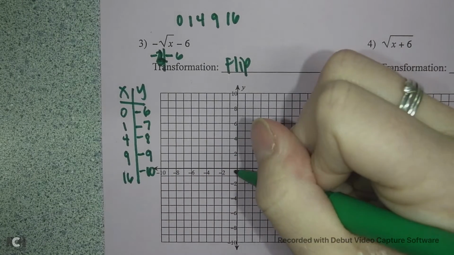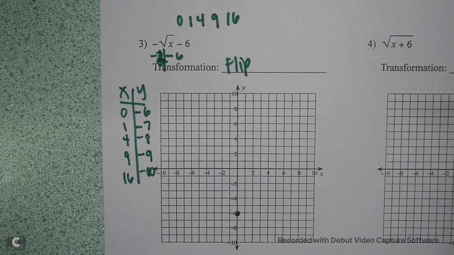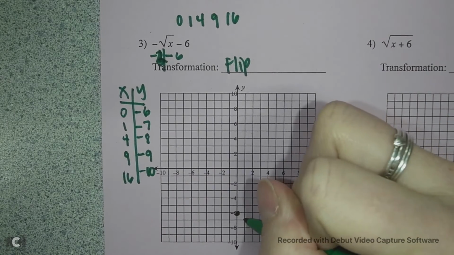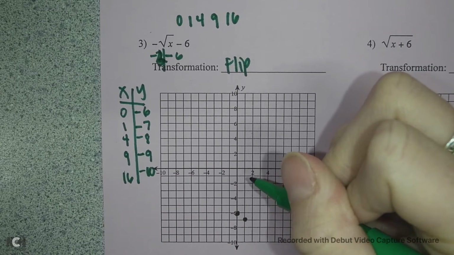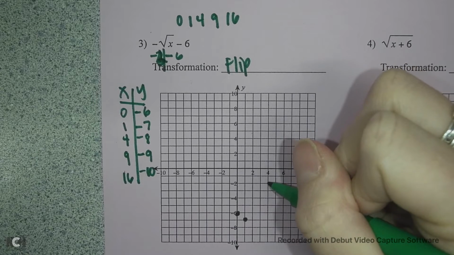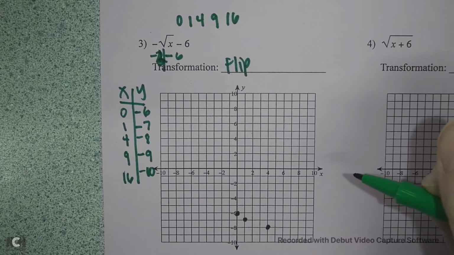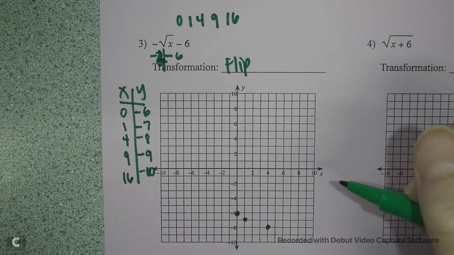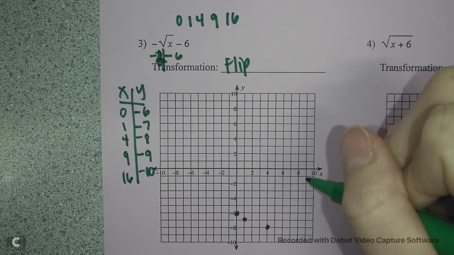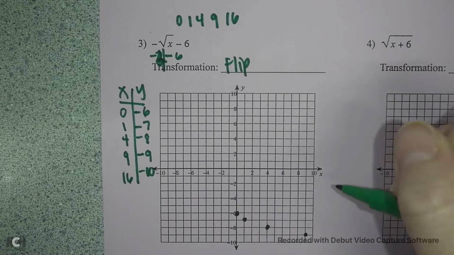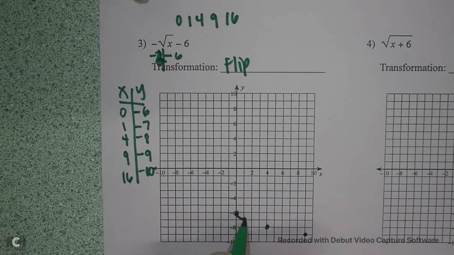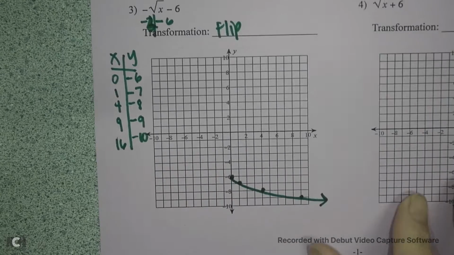So we have a dot at 0, -6, 1, -7, 4, -8, and 9, -9, and I can't fit 16. So here's my graph, like that.